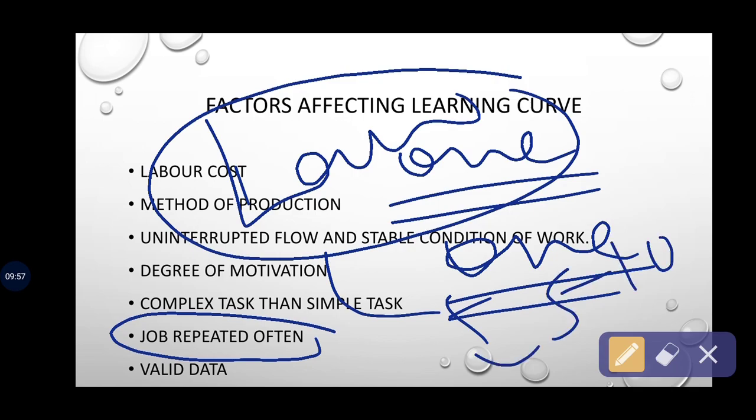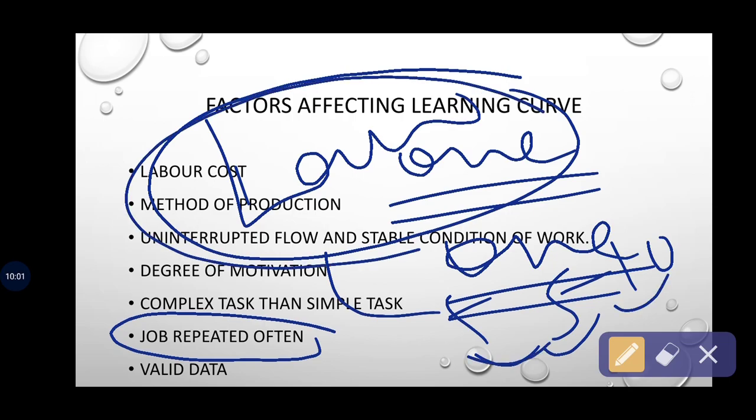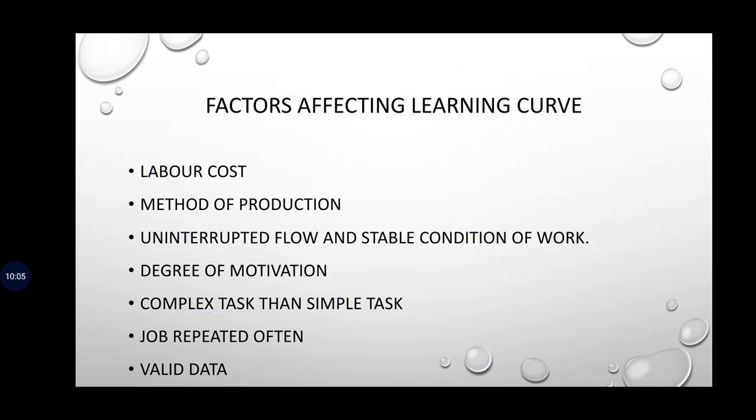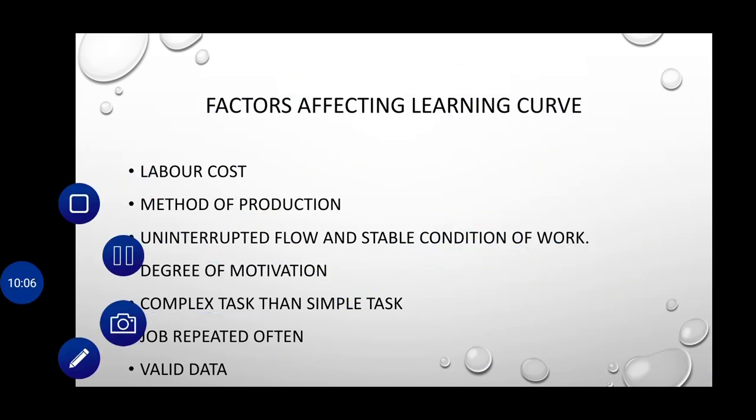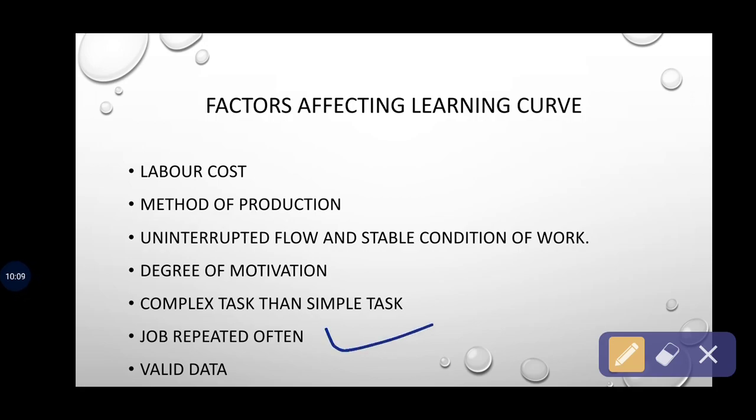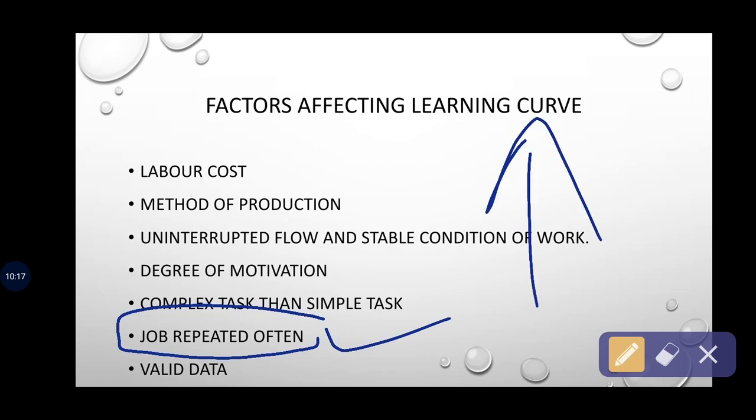So here our learning capacity has increased because we are doing that work often, regularly. Like that only, if we do some work daily, we will get used to it, and our efficiency of doing the work will increase.